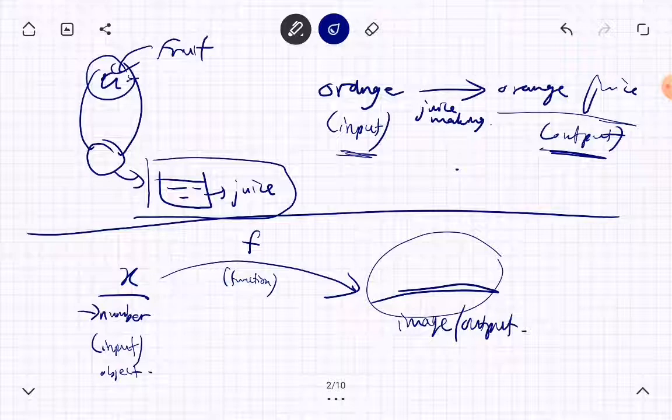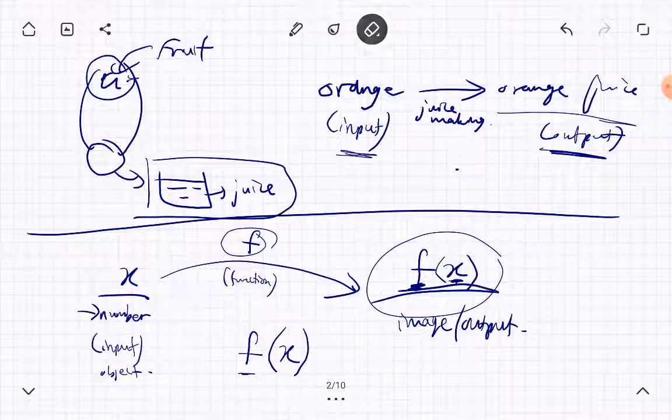How do we write the output? That's important. We take this input x and apply f to it. We write the name of the function, in this case f, so we have f of x. This is the output.